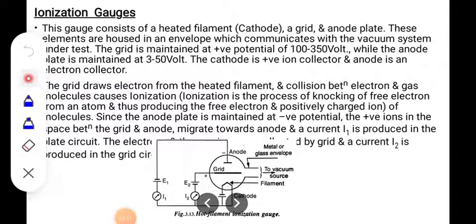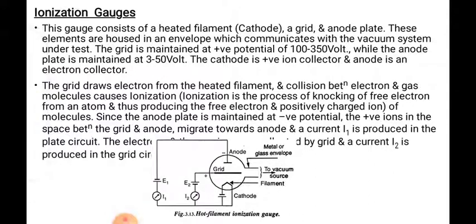Then, from an atom, thus producing free electrons, there is the possibility of charged ions of molecules. Since the anode plate is maintained at a negative potential, the positive ions in the space between the grid and anode migrate toward the anode, and electrons migrate toward the cathode.